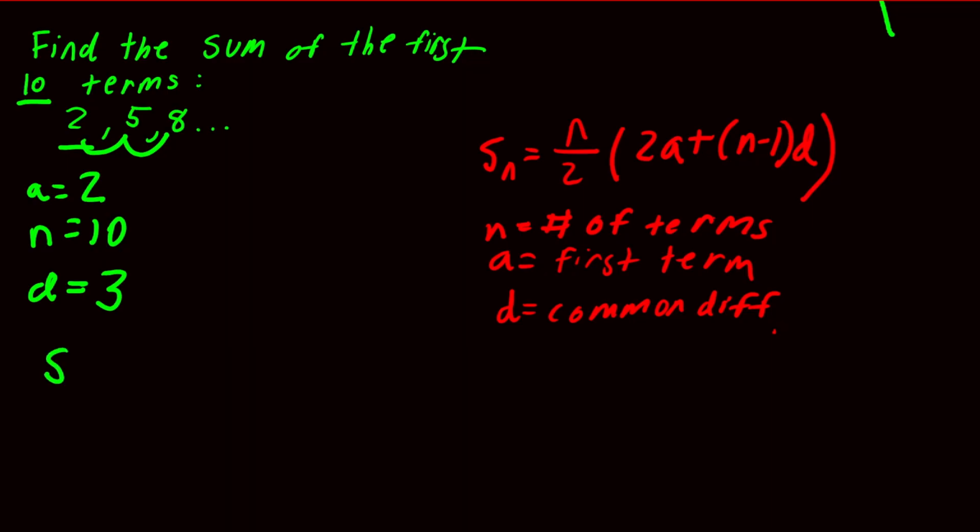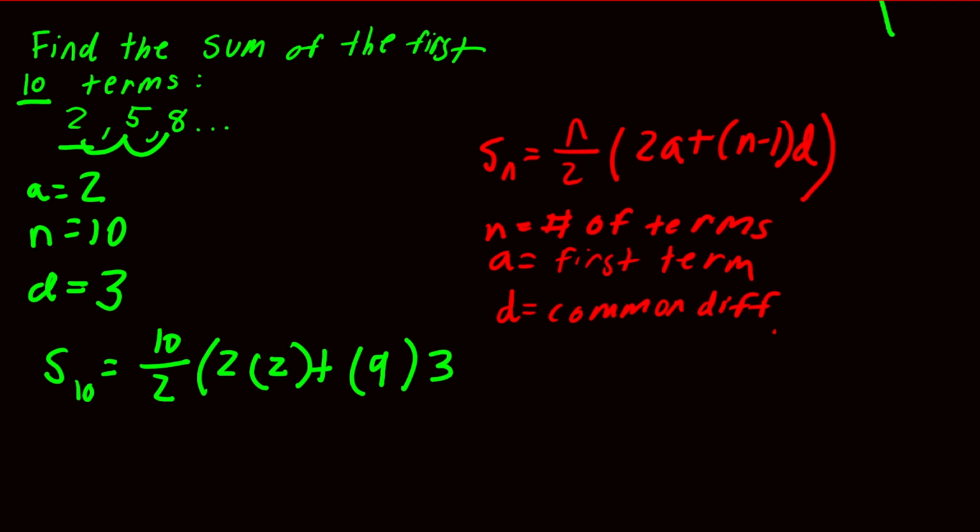So the sum of the first 10 terms is n, which is 10 over 2, times 2 times a, the first term, which is 2, plus n minus 1, which is 9, 10 minus 1, times the common difference, which is 3, and boom, that's our answer. And if we simplify this, you're going to get 155.